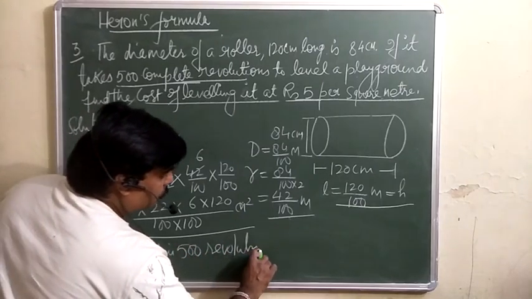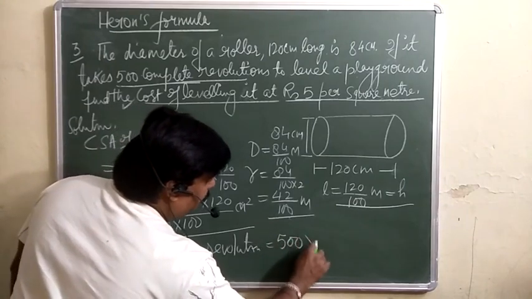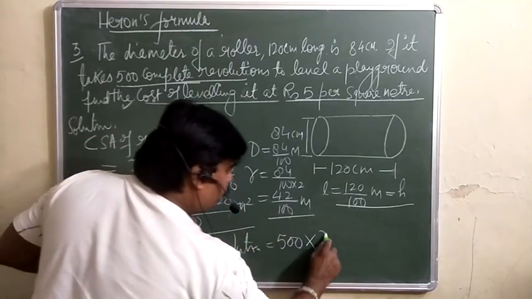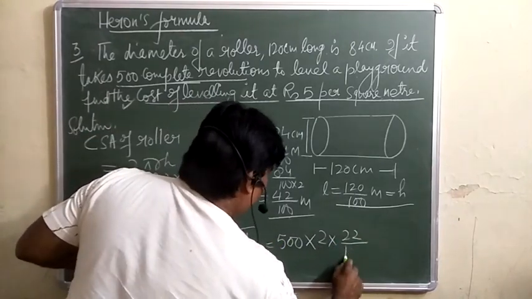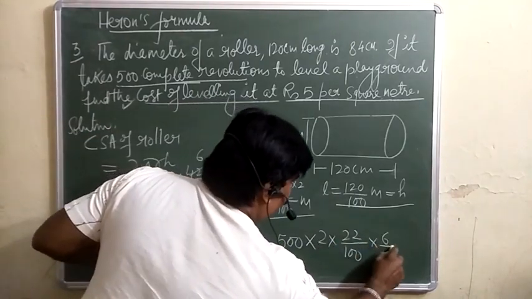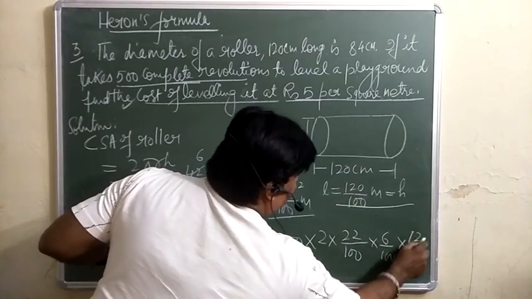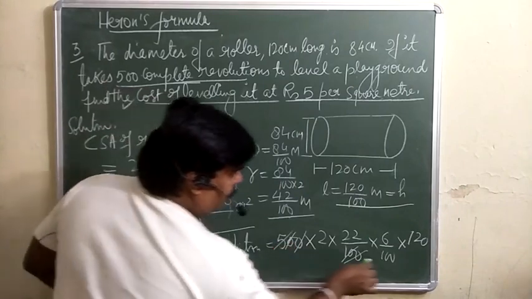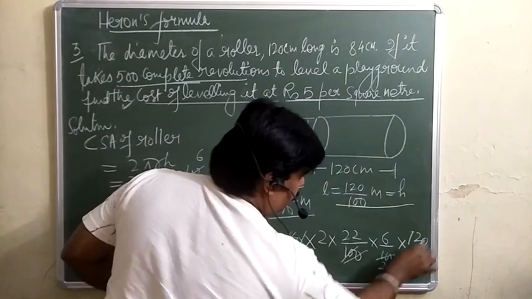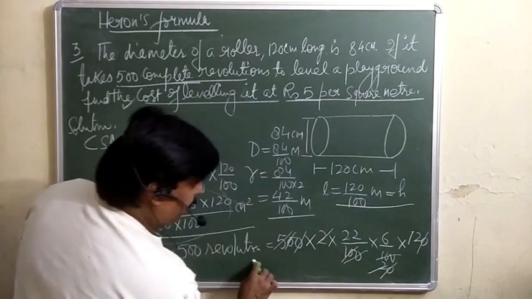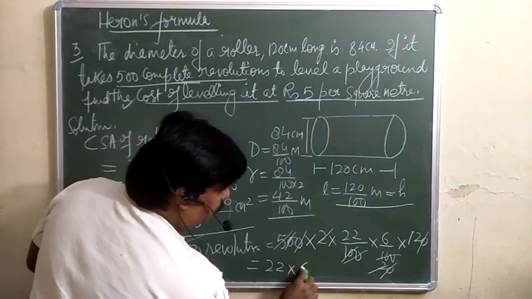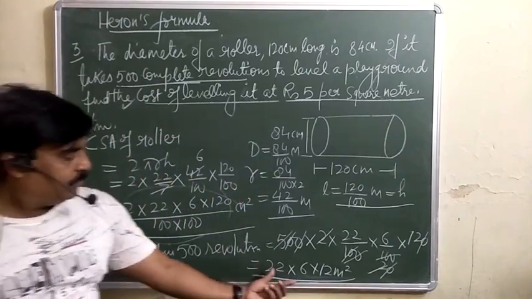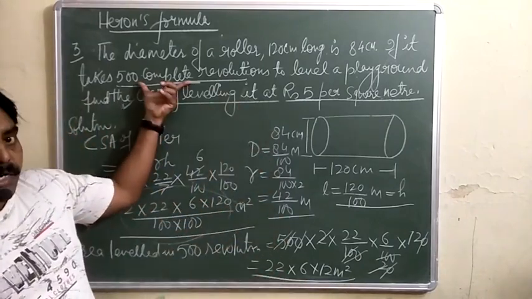So area leveled in 500 revolutions will be equal to 500 into area leveled in 1 revolution, which is 2 into 22 over 100 into 6 over 100 into 120. You can solve this quite easily. And then 5, 20, 0, 2 and 2. So you are getting an easier 22 into 6 into 12 meter square. This is the area which it will complete in 500 revolutions.